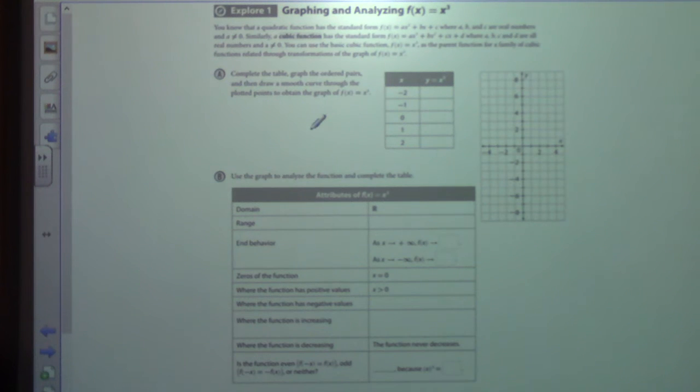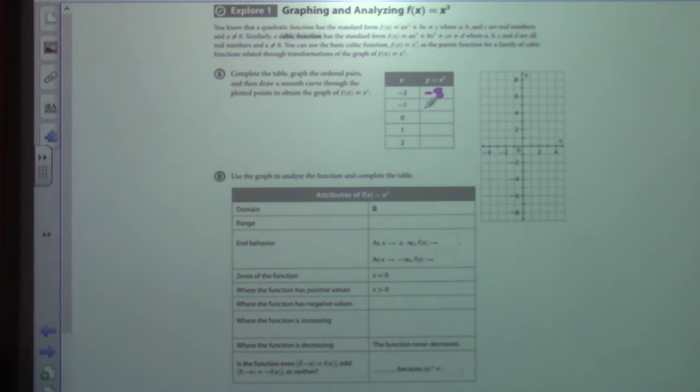So that's another issue. Okay, so here we have this thing that says complete the table and graph this, and I copied this from your book, which is right there on the shelves. So if we plug in for y equals x cubed, we plug in -2, what's -2 cubed? -2 times -2 times -2 is -8.